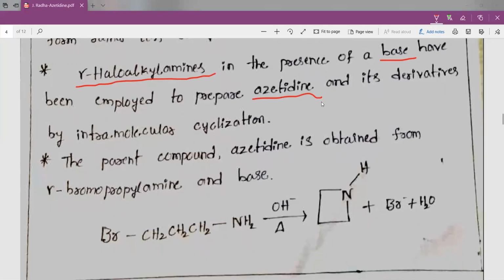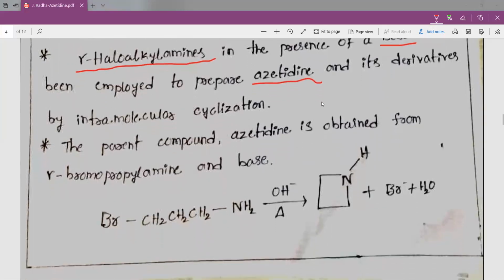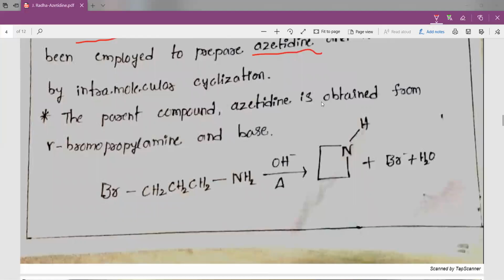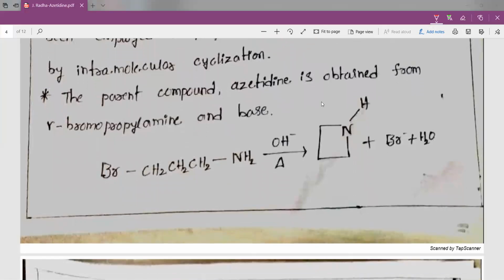It is an intramolecular cyclization reaction. For example, let us see the synthesis of the parent compound, azetidine. It is obtained by the treatment of gamma bromo propylamine with hydroxide ion.